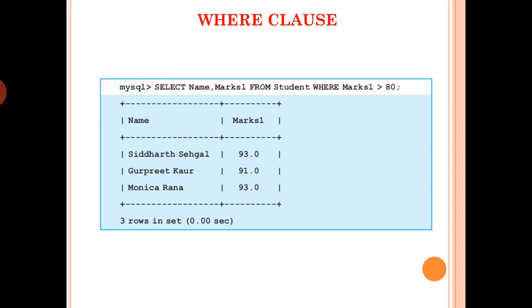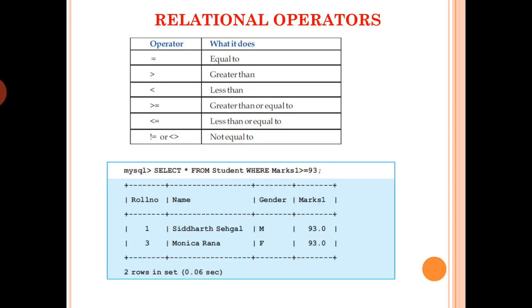It is used to extract only those records that fulfill a specified criteria. For example, the statement select name, marks 1 from student where marks 1 greater than 80 will display the names and marks of all the students who have secured marks above 80.